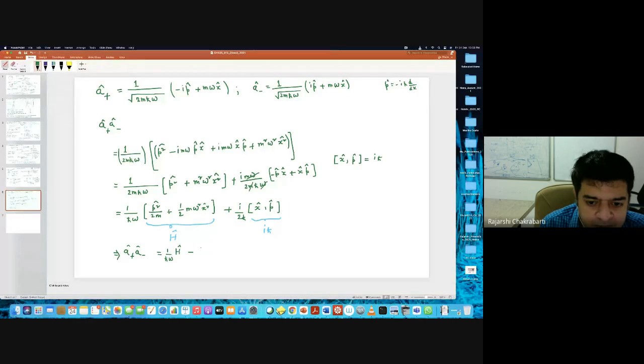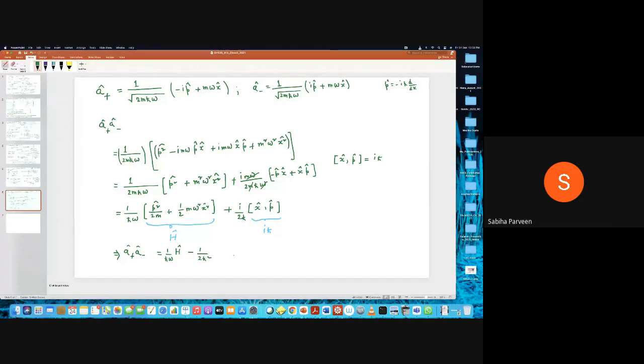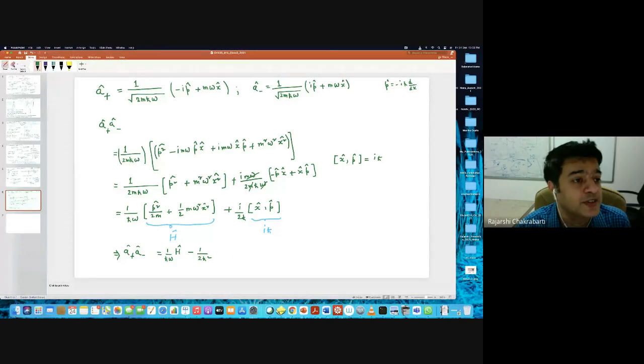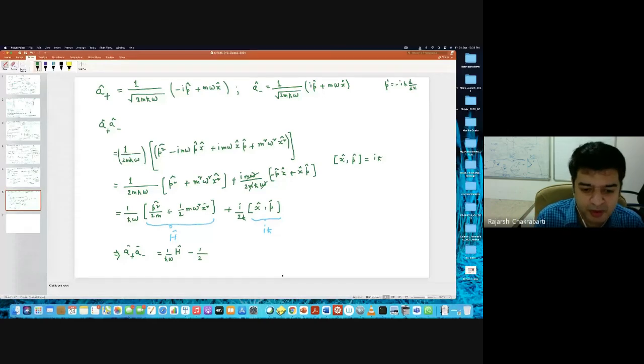So it is minus 1 by 2 h cross squared. Sorry, not h cross, the h cross cancels. Okay, so half only. This is how it is.